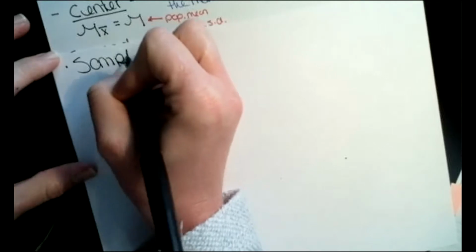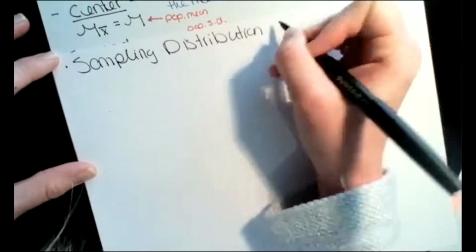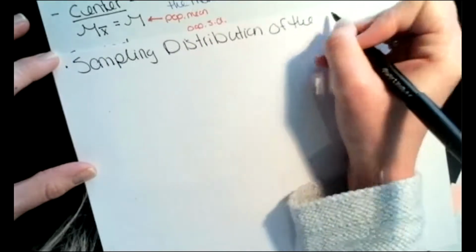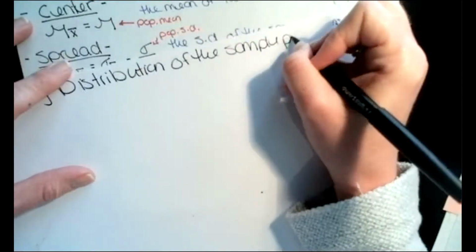All right, so now let's do the same thing and we'll take a look at our sampling distribution for categorical data. So, oops, wrong color pen. Grabbed the wrong one. I don't want to write in red a whole bunch. So, sampling distribution of the sample proportions.